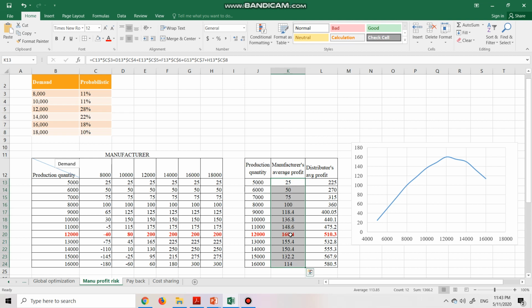You can see the optimal production quantity for the manufacturer is 12,000, and at this quantity they can gain the profit of $160,400.